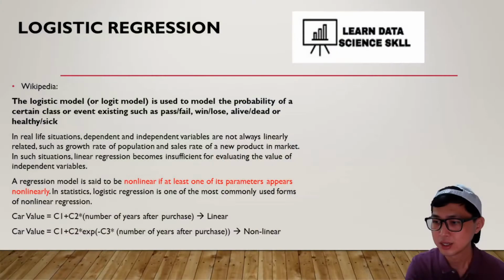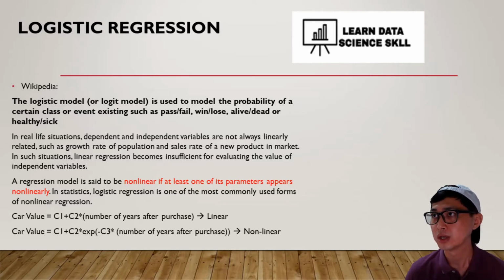Logistic regression, or the logistic model, is defined in Wikipedia as a model that predicts the probability of a certain class of event that will happen, such as pass or fail, win or lose, life or death, or healthy or sick. If you notice, these outcomes are binary outcomes.